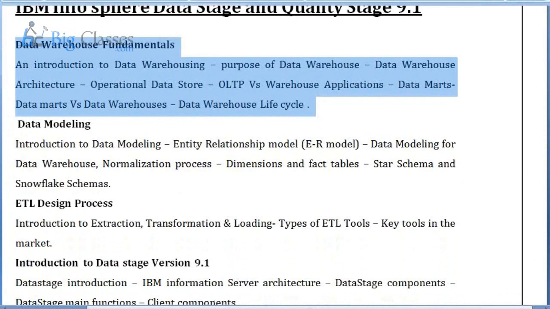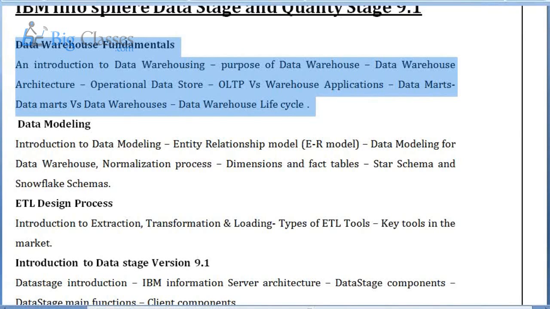In data modeling, we have different kinds of modeling approaches. Those are introduction to data modeling, entity relationship model, data modeling for data warehouses, normalization process, dimension tables and fact tables, star schema, snowflake schema. All these kinds of concepts we need to know as part of modeling.